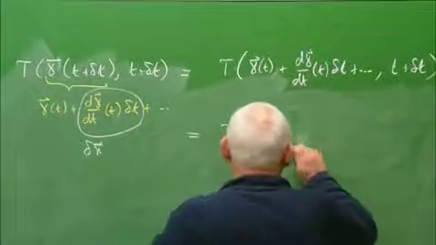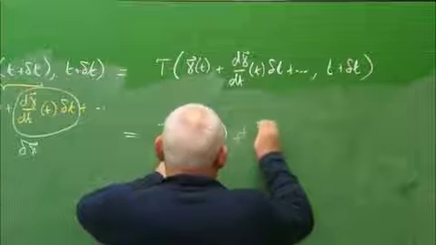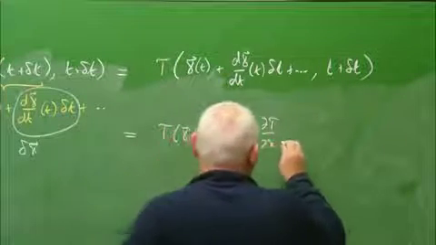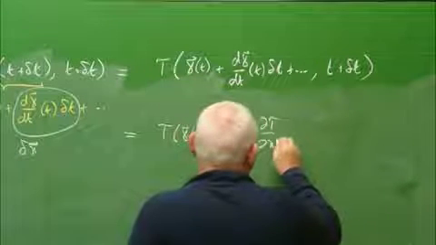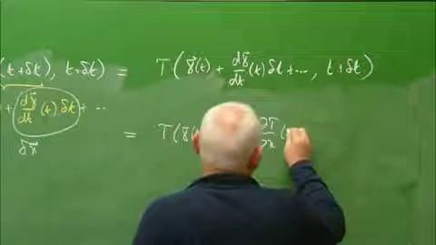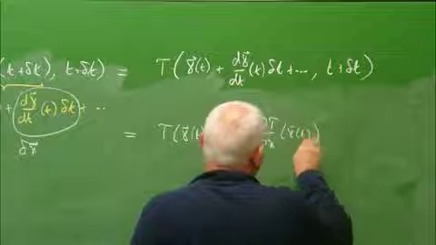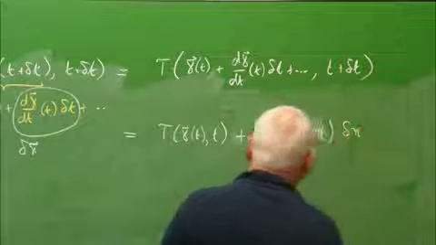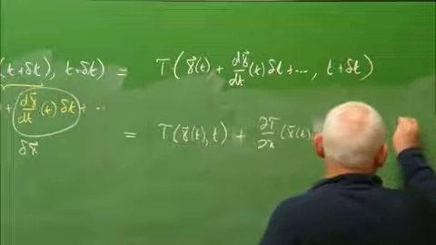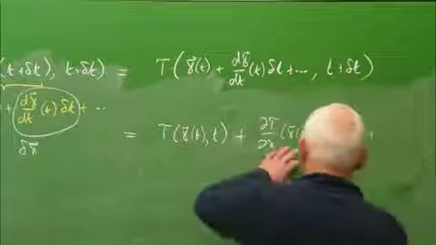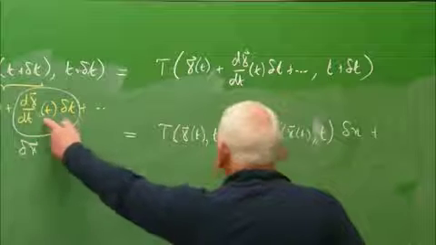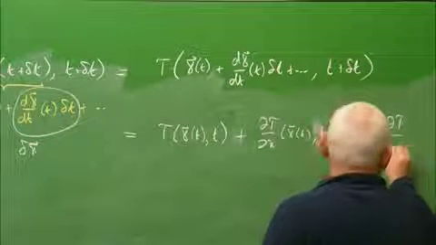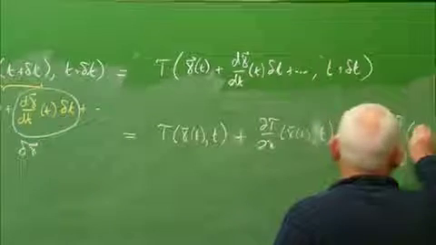And so this will now become T of gamma of t comma t, plus dT by dx evaluated at gamma of t at time t times delta x plus, yes, that's delta x, and delta x is an abbreviation for these things here. So I've started with delta x, delta y, delta z in the first instance.